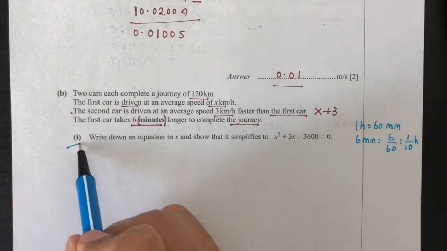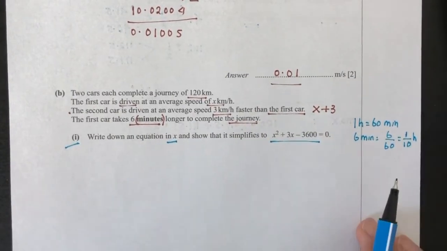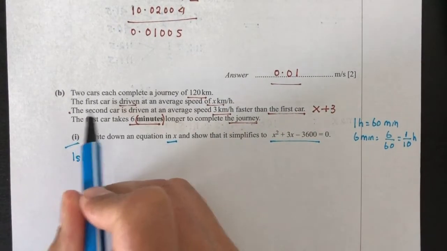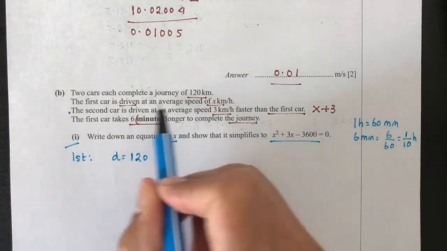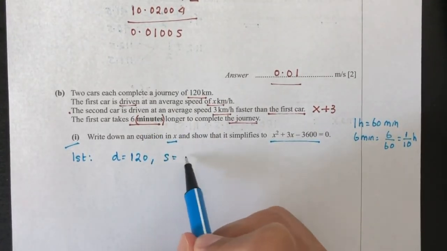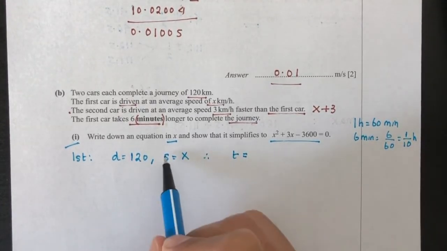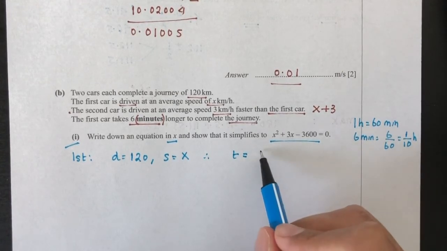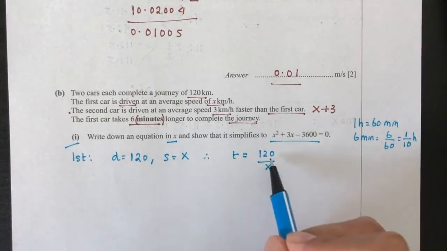Okay, so write down an equation in terms of x and show it simplifies to this. So let's write down for one car. For your first car, the distance is 120 and the speed is x. So time will be equal to what? Since we know speed is distance over time, time is distance 120 over speed. This is the first one.